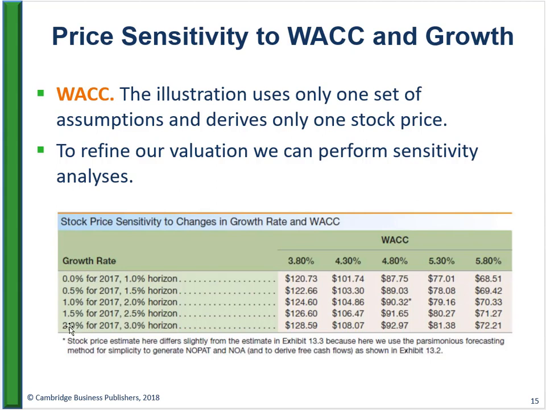So 2% for the horizon period and 3% for the terminal value, with a weighted average cost of capital of 3.8, yields a present value of 128.59 per share for Procter & Gamble. You can see what various combinations of a weighted average cost of capital and growth rate yield for Procter & Gamble share price.